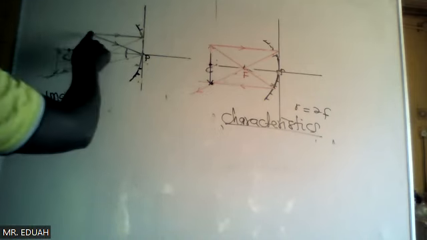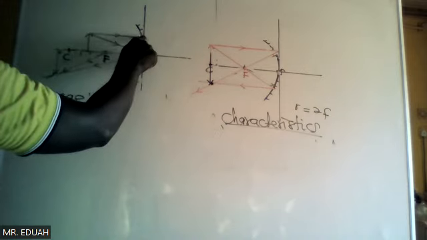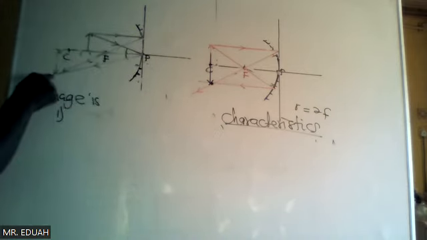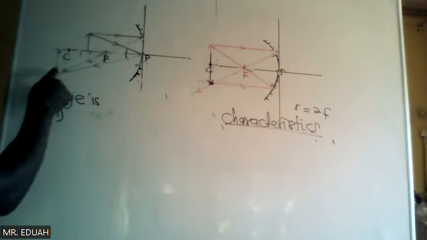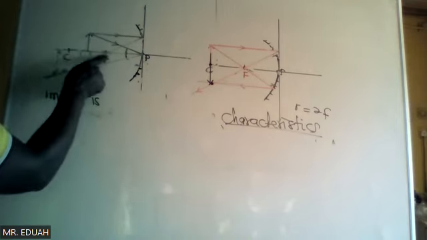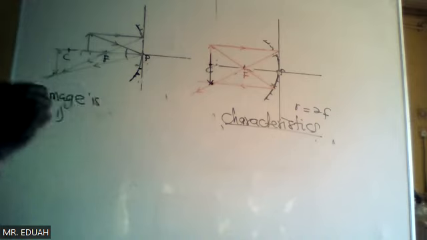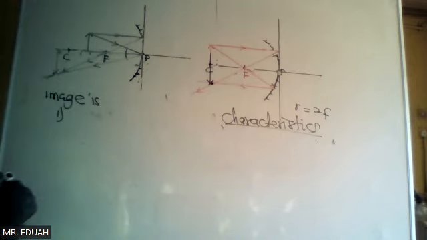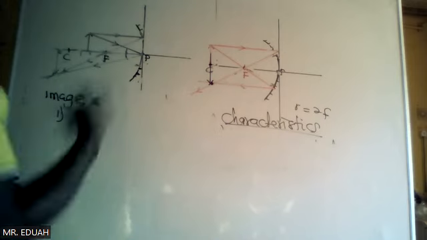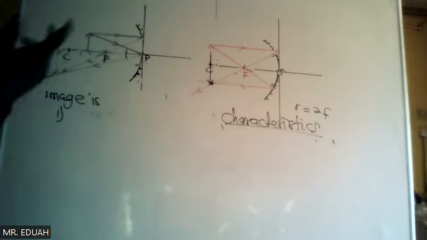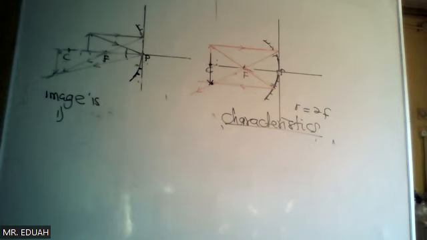So I used a ray parallel to the principal axis, but after reflection going through F. I could have used the ray passing through F after reflection being parallel, but I felt let me vary the rules. But you have to use any other 2. So say if we also use the rule that says the ray passes through the focal point, we'll still get the same result. You get the same characteristics.